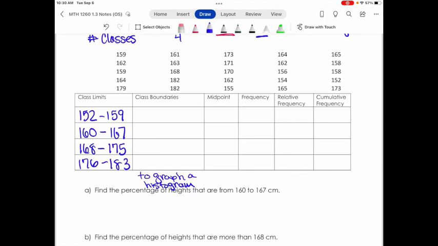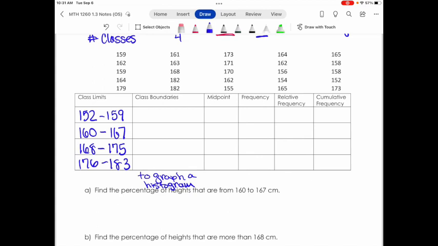Now, for the class boundaries, we're going to use these later when we're graphing a histogram. Statisticians do not like spaces between the bars of a histogram. If we use the class limits as our bars, we go from 152 to 159, there's a space, and then we go to 160.